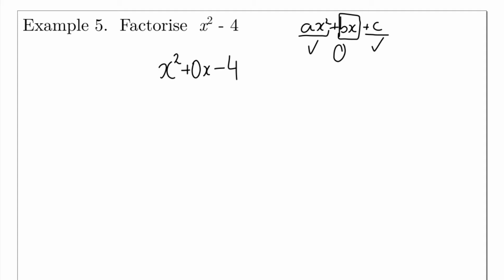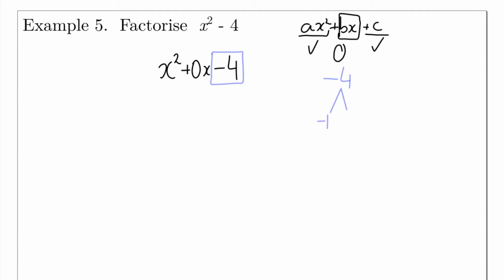So what we're going to do is we're going to use the exact same method we did in example 4. So the first thing we do is we look at the last term, the constant term, minus 4, write that on the side, and we try to find pairs of factors which multiply to give us minus 4.